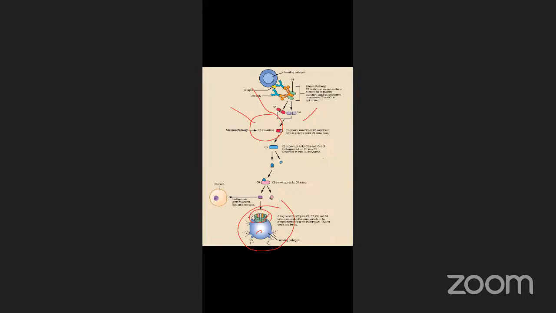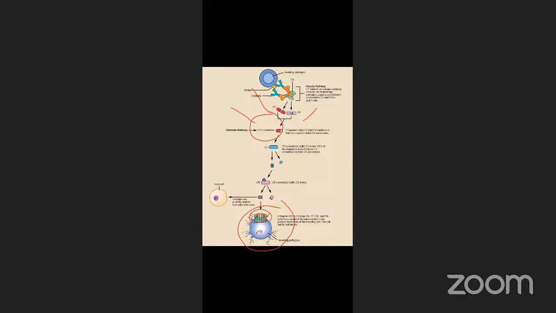The function of the C1q molecule is to bind to the antibody bound to a pathogen, thus allowing autoactivation. Binding to antibody is the classical pathway, and binding to pathogen is the alternate pathway.